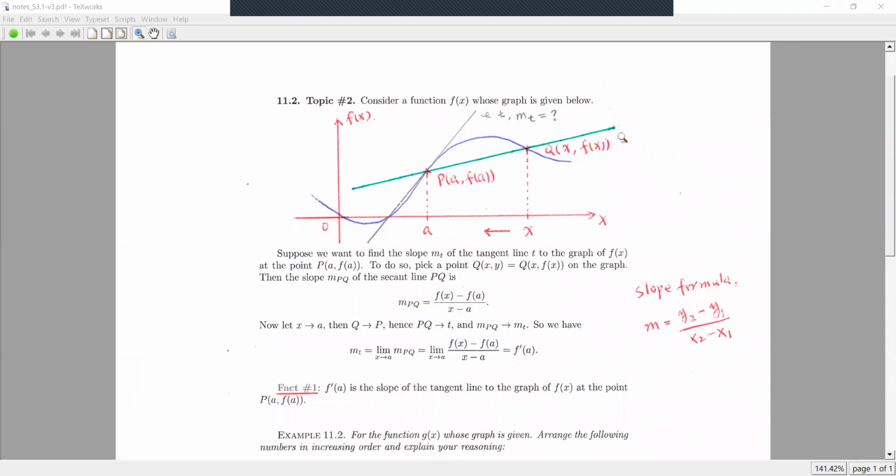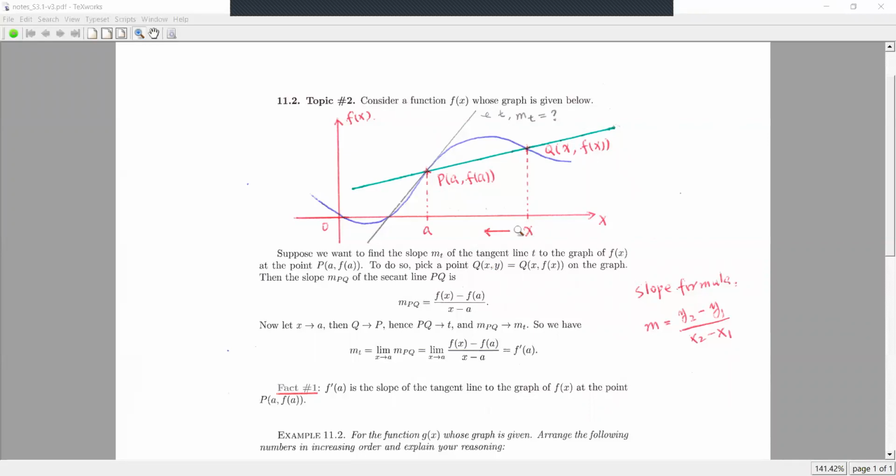About this second line, I can write down its slope by the slope formula because I know 2 points on this line. I know P and I know Q. By the slope formula, the slope of the line PQ is y2 minus y1 over x2 minus x1. So I have this equation.